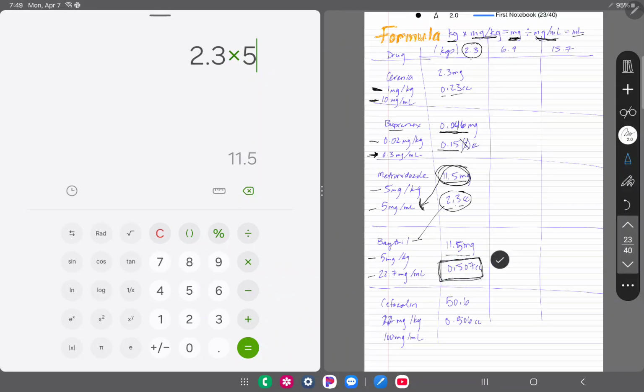So, believe it or not, that was a good mistake to make. You have to be diligent with what you're looking at, because some of these mgs are going to come out to be the same. And if your brain wanders even for a second, you might have an oops.